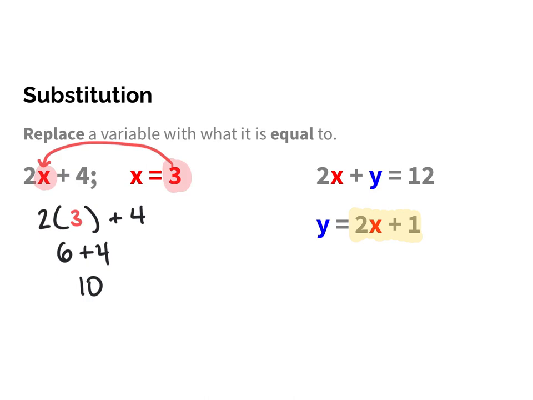Well, this equation literally tells me that y is equal to this right here, 2x plus 1. So this chunk, this expression, 2x plus 1, I can literally substitute that in to my other equation where I see y. If I just take out that y and plug that chunk into where y belongs, I've now substituted and then I can solve.